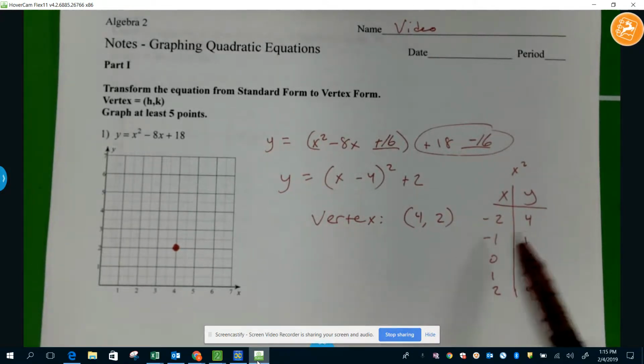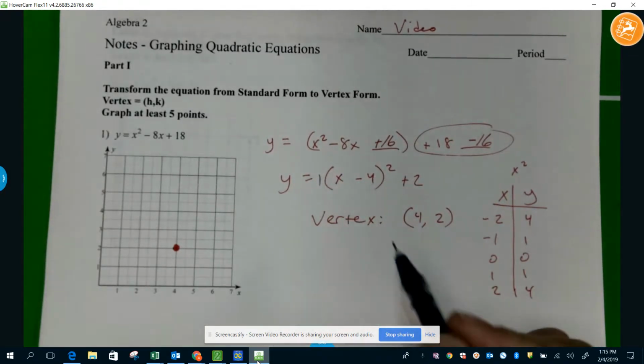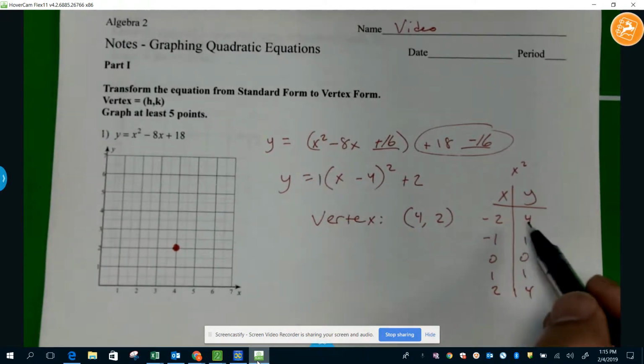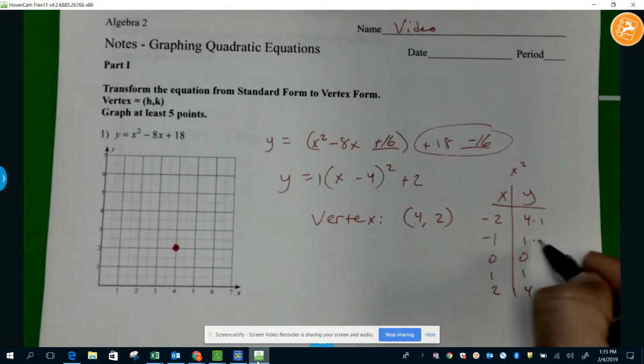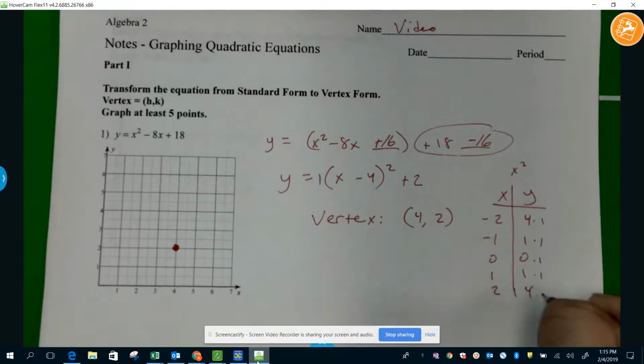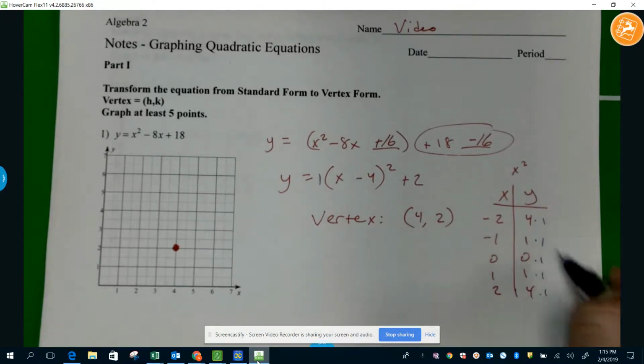That was the original parent function coordinates. But what we have to do here is take our a value, which here is a 1, and multiply the a value times all of the original y values. So if we multiply all these by 1, that's going to give me my new y values.